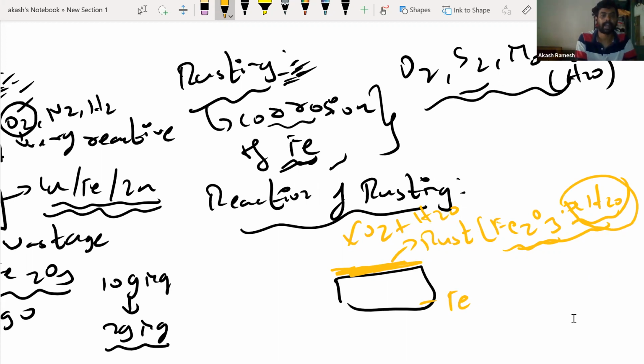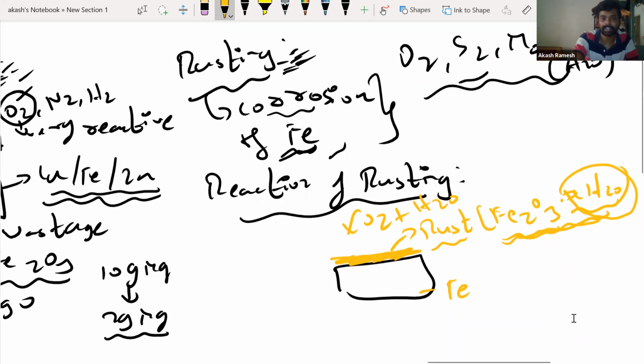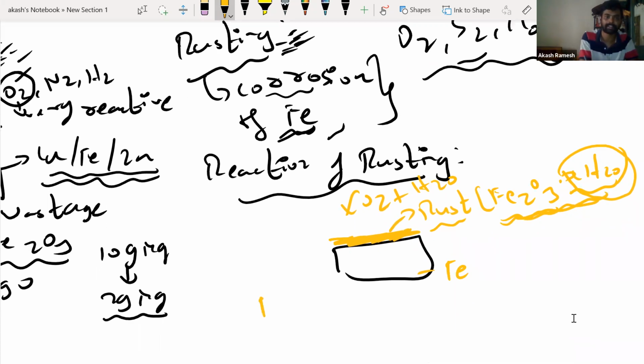So this Fe and the oxygen will react to form a coating on the surface of iron called rust, and the formula of the rust is nothing but Fe2O3·xH2O. Very, very important. So if I have to write the reaction for this, very simply I can write Fe plus O2, obviously in the presence of moisture H2O, forms Fe2O3·xH2O.